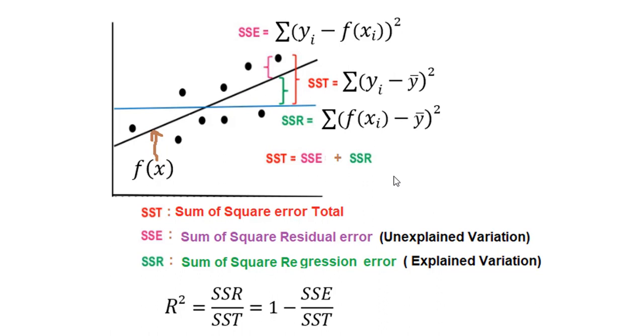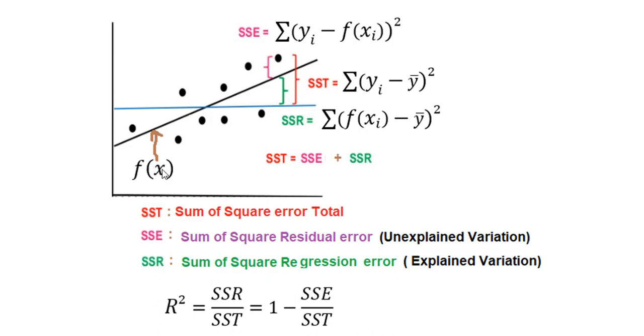Instead, we often meet with the SST, SSE, and SSR. SST is the sum of square error total. SSR is the sum of square regression error. This is explained variation. SST equals SSE plus SSR.